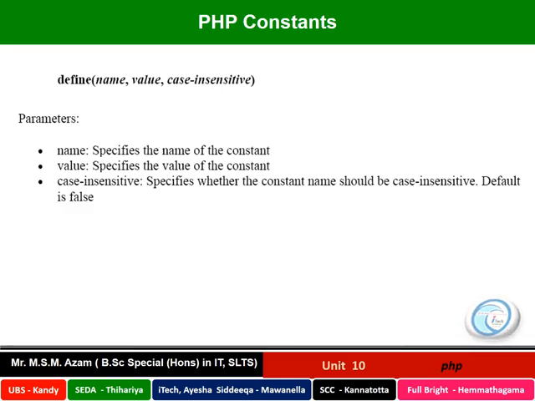Again, there are three parameters to be declared. First one, name, specifies the name of the constant. Second, value, specifies the value of the constant. Third one, case insensitive, specifies whether the constant name should be case insensitive or not.